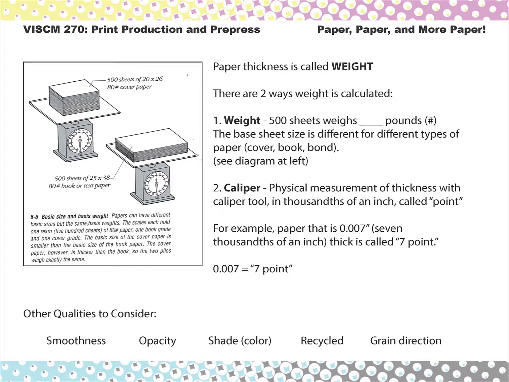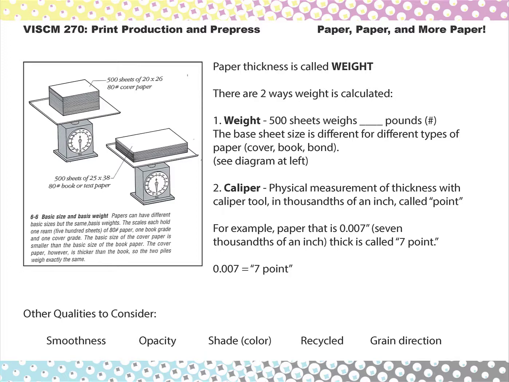Then they put 500 sheets and weigh it, and whatever the weight is, that's what they call the weight of the paper: 80-pound or 100-pound paper, and so on. So a thicker paper is going to have more weight to it, which makes sense. 100-pound paper is thicker than 80-pound paper.